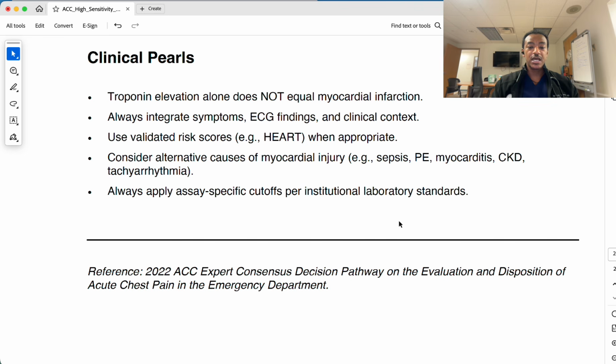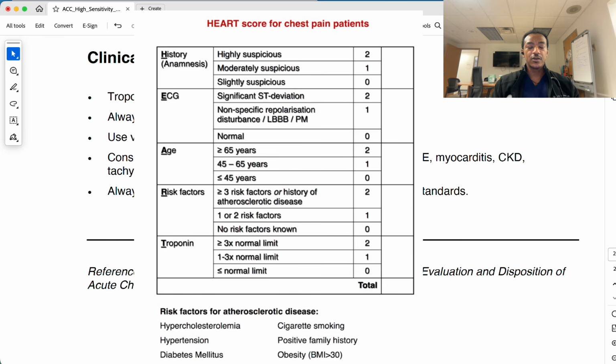So a couple of clinical pearls here. Troponin elevation does not always equal myocardial infarction. It could be myocardial injury as well, which is non-ischemic. Always integrate the symptoms, the EKG pictures, and the trend in the troponin before making decisions. Or if you're using a regular sensitivity troponin, make sure that you also use some sort of clinical diagnostic pathway like the HEART score to help you risk stratify these patients.